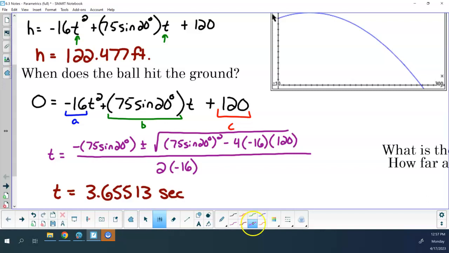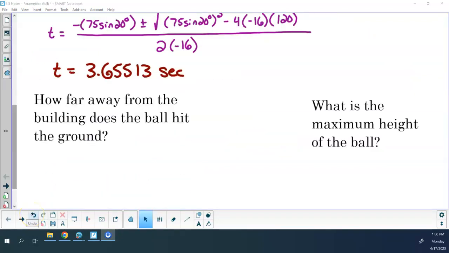So we put that in. You see they changed it. So the next question: how far away from the building does the ball hit the ground? Well, we now know the time frame of the ball hitting the ground.